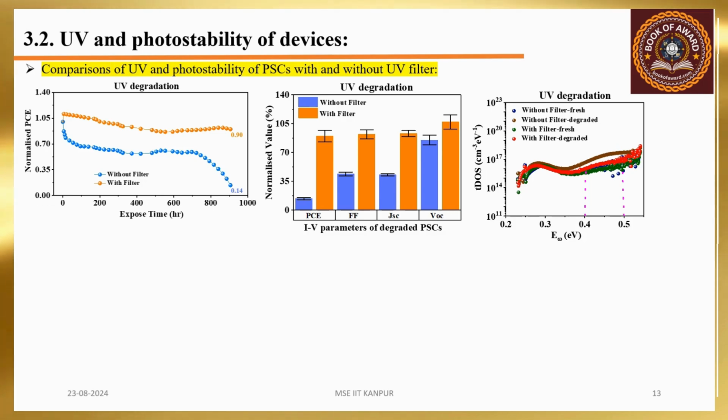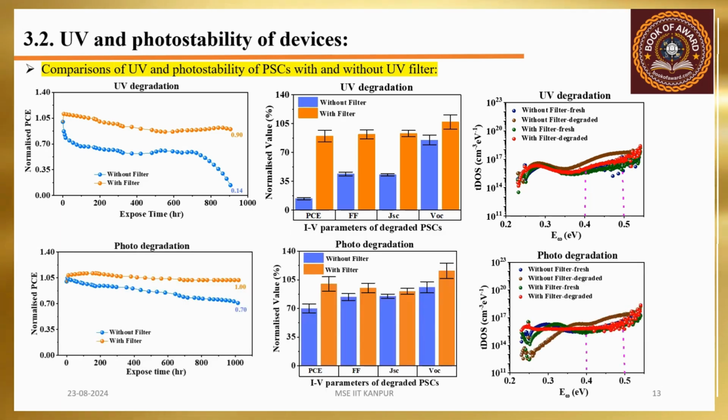Similar conditions are also observed for photo degradation. In photo degradation, we have also taken two fresh devices with filter and without Pani UV filter and exposed them to one sunlight for 1100 hours. Then we observe that with filter, the normalized photoconversion efficiency almost remains 1 and without filter it reached 0.70.